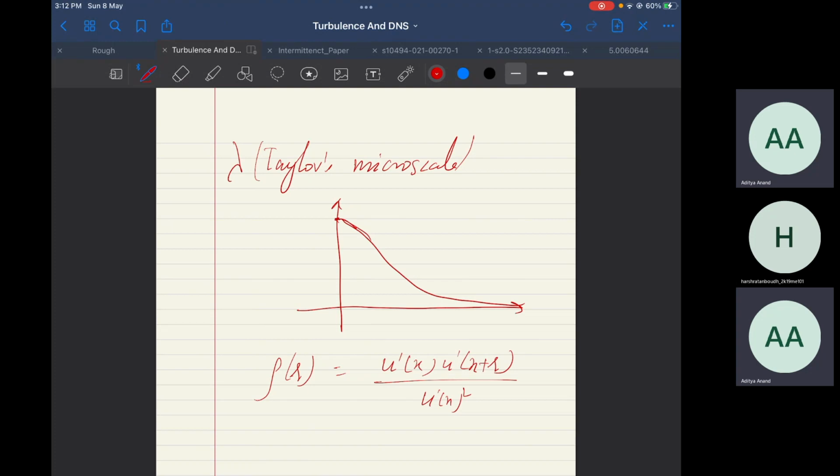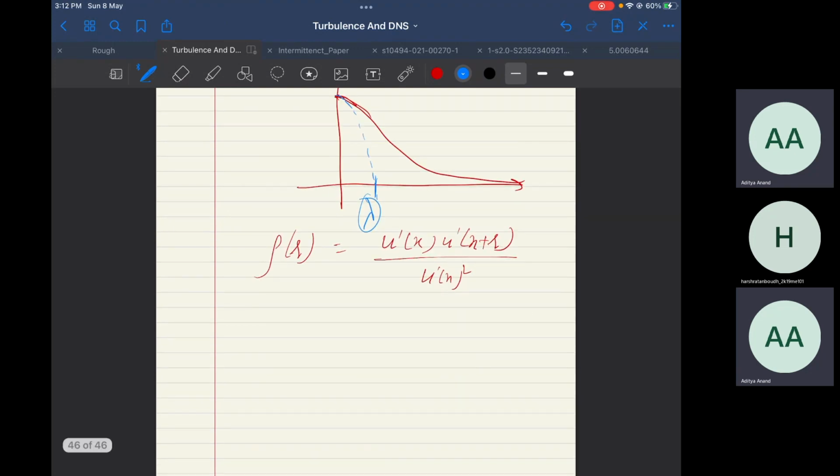Now if you fit a parabola at the vertex of this plot, so let's fit a parabola here. The intercept of the parabola on this axis is lambda. It's called the Taylor's microscale. And when you define a Reynolds number based on this microscale, it's called the Reynolds number based on Taylor's microscale.